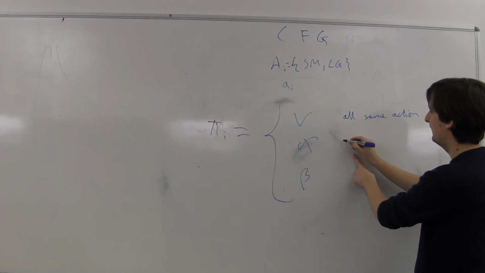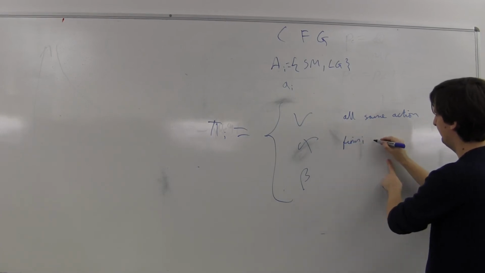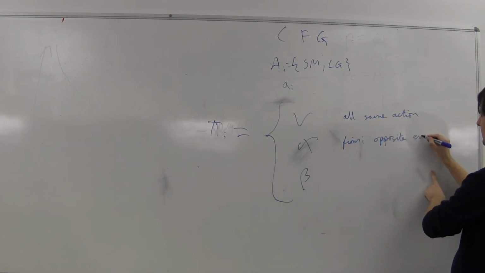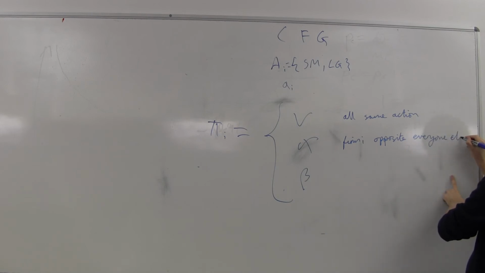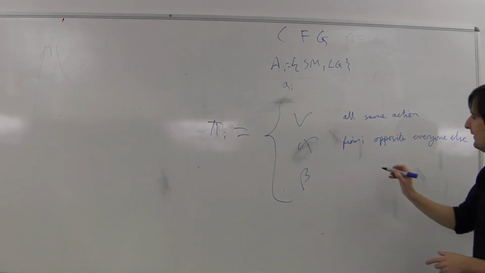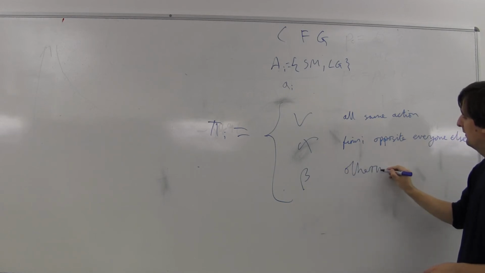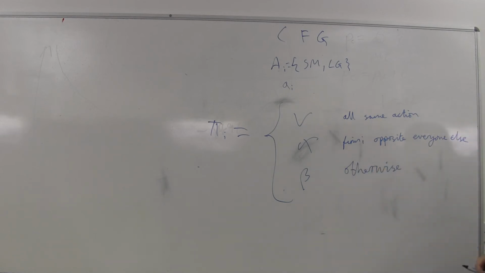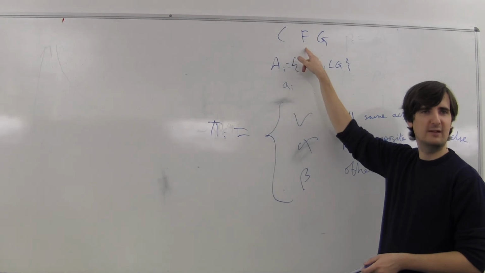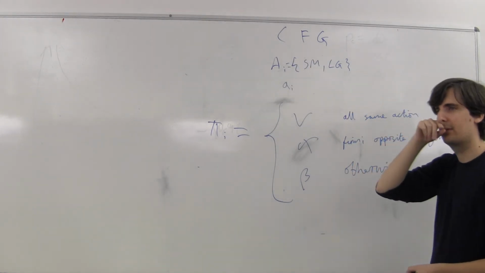So they're alpha if firm i does the opposite to everyone else. And they're beta in any other case. I guess this is CFG, so they must be thinking of Chrysler, Ford, General Motors.